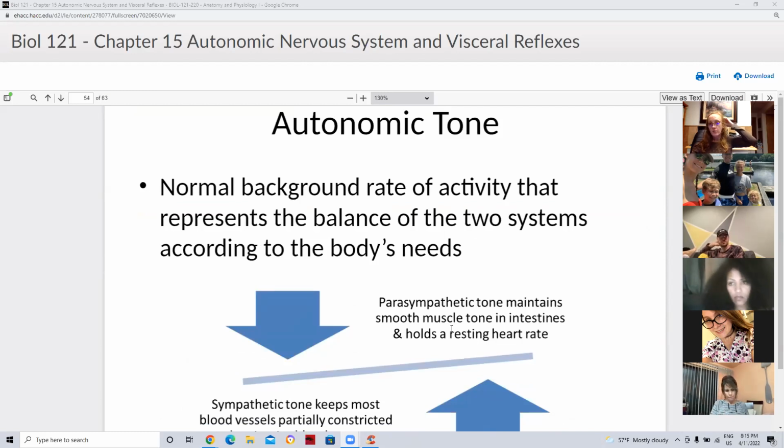Autonomic tone. The normal autonomic tone is defined as the normal background rate of activity that represents the balance of the two systems, the parasympathetic and the sympathetic, and adjusts them according to what the body's needs are at that moment.